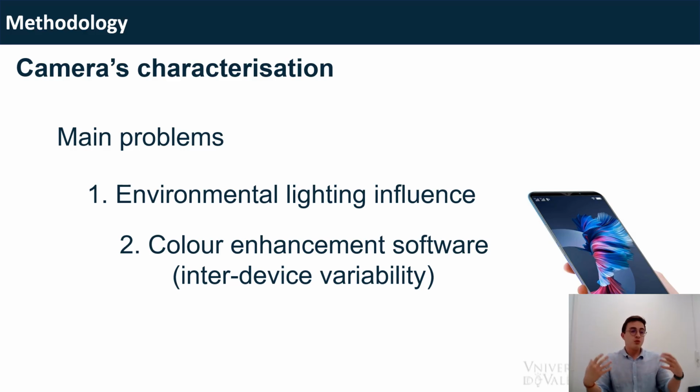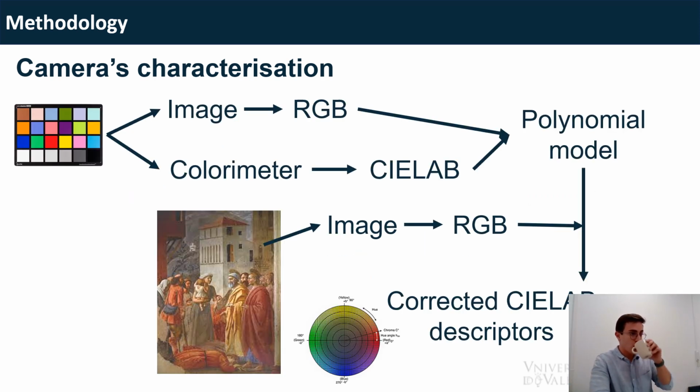So we have to find a way to model all those variables so that the final information is actually reliable analytical information. We have to model the environment, the experimental conditions, and we have to model whatever the smartphone is doing with regards to the color coordinates.